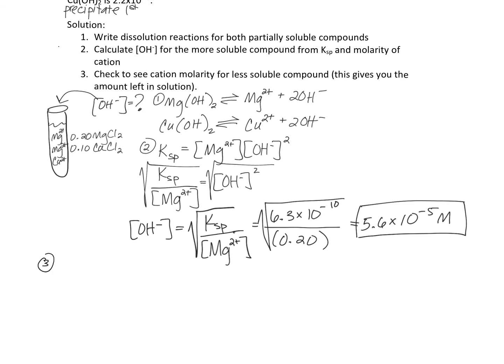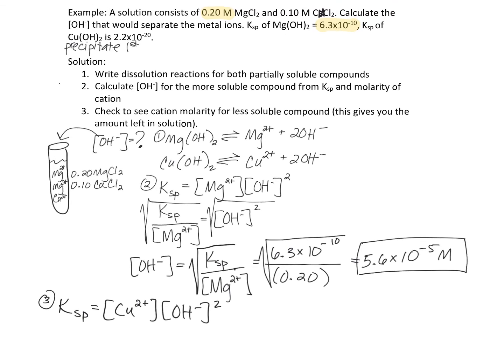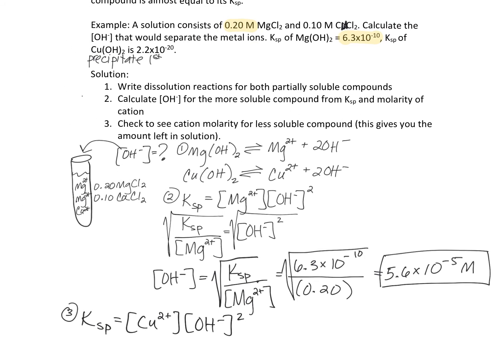So it says I'm going to check the cation molarity for the less soluble compound. So that's copper hydroxide. First I'm going to write the Ksp, because this will aid me in calculating the copper concentration. The Ksp is given to me up at the top: 2.2 times 10 to the negative 20.